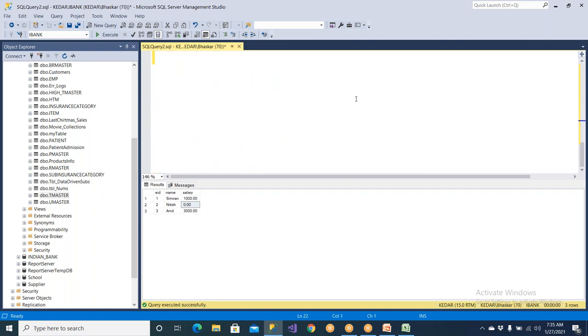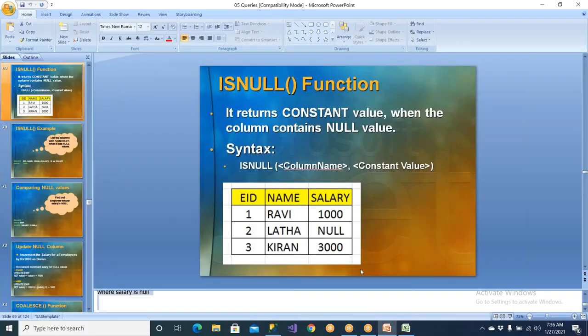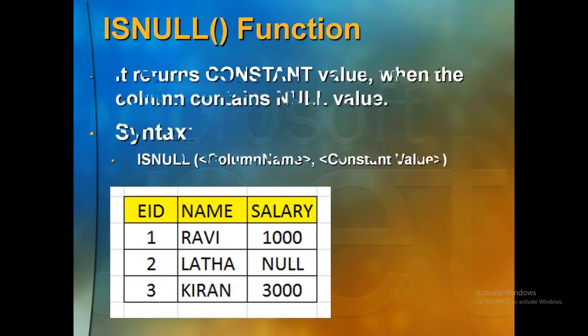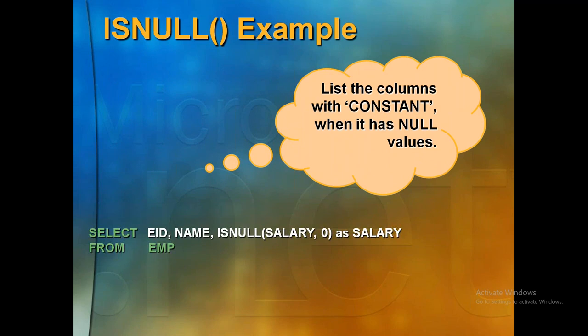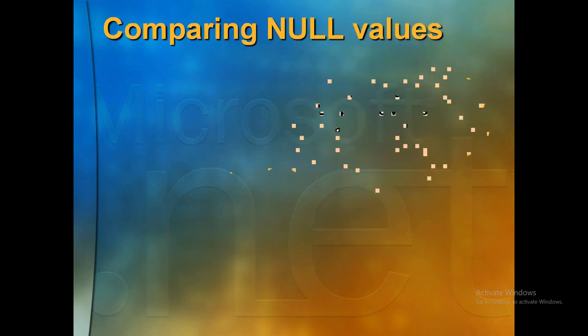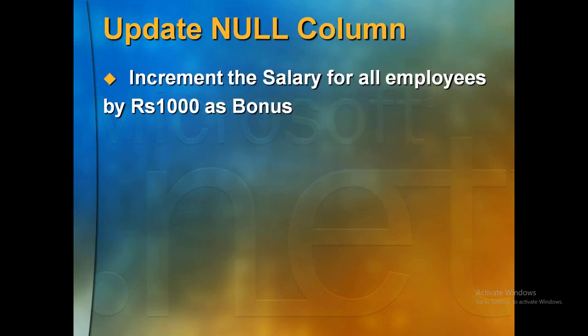Clear? And one more thing I want to maintain. So this is my data. Now there is a requirement here. This is the column constant value. This we have written. Comparing null values: you need to use the is operator.